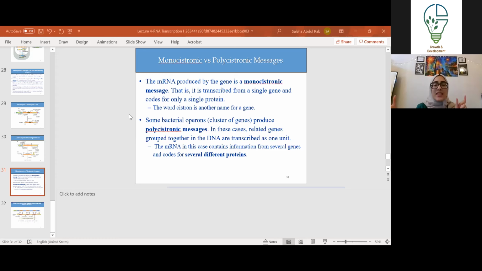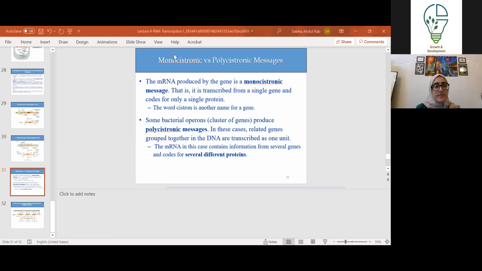So different proteins can be produced. When this mRNA goes to the ribosomes, it can produce multiple kinds of proteins from that one mRNA. This is not possible in eukaryotes. It's possible only in prokaryotes. And that is what polycistronic means.